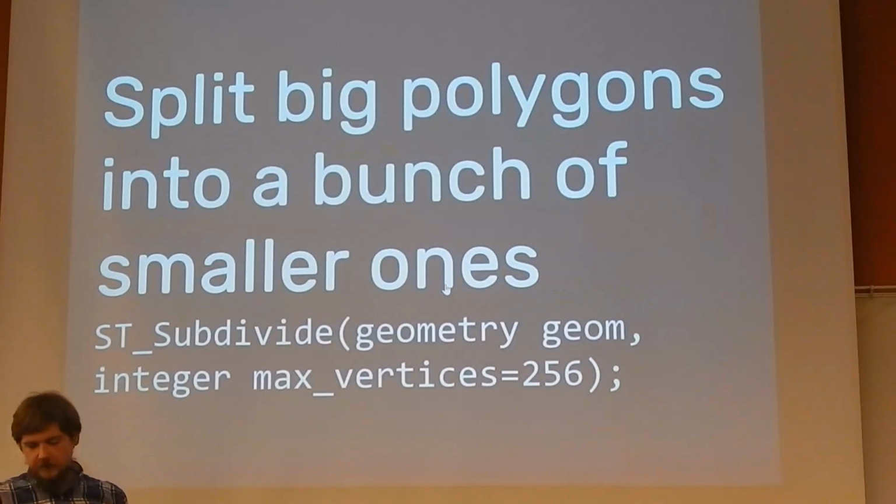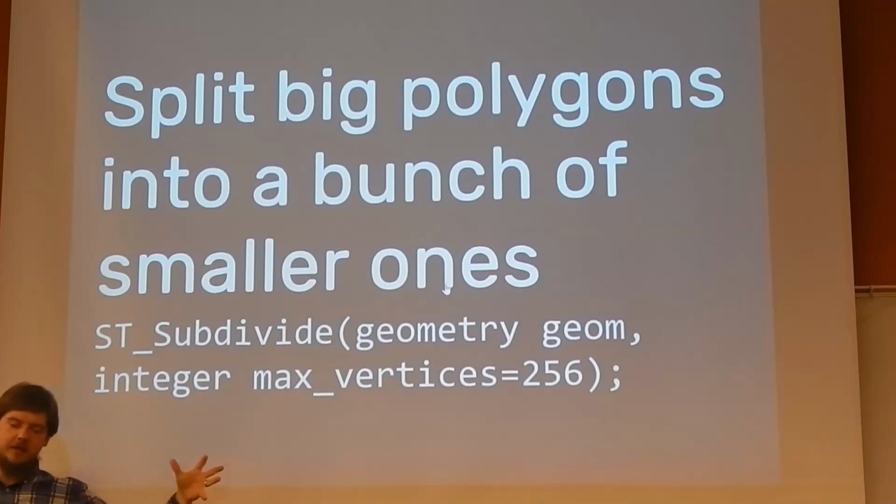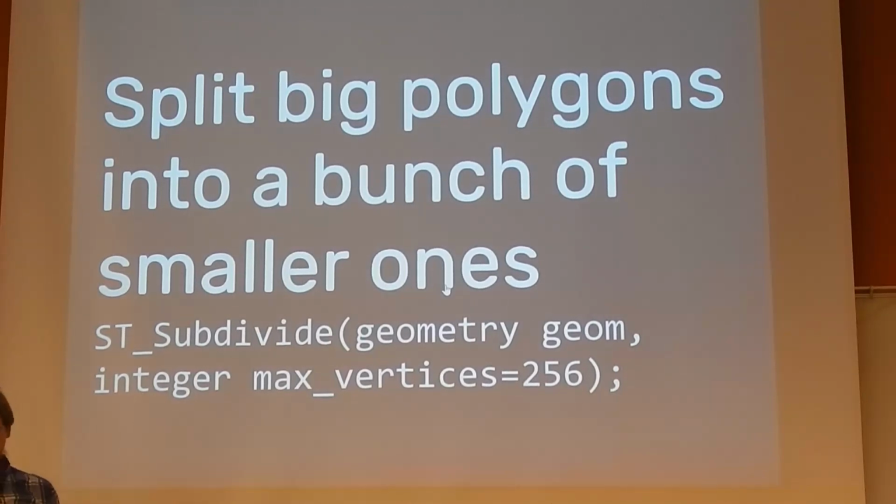There's this other function that is not talked about a lot that we use sometimes. It's great for taking a huge geometry and splitting it into really small ones so that it's easier to store and query. Generally, it's quicker to query on lots of rows rather than one row with a huge geometry. So this is a case where you might use this ST_Subdivide function to split up your geometry into a bunch of little ones.